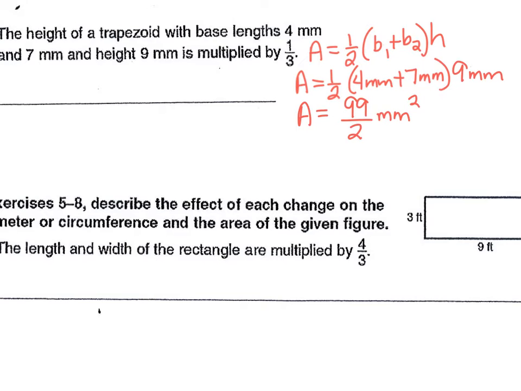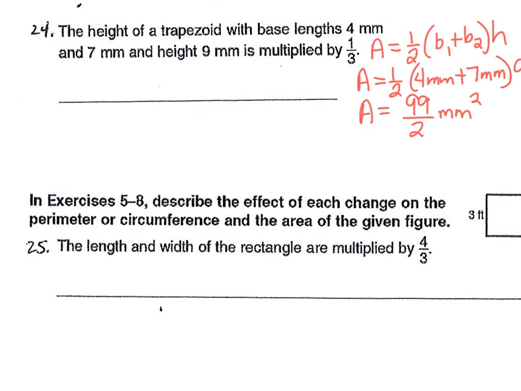And now the height multiplied by 1/3, so let me go ahead and work on the height. So this is the new height, which the height was 9. Yes. And then if I multiply by 1/3, that would be 9/3, right? And then you simplify that, so that would be 3 millimeters.